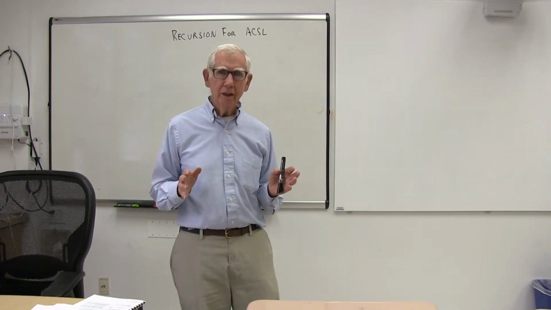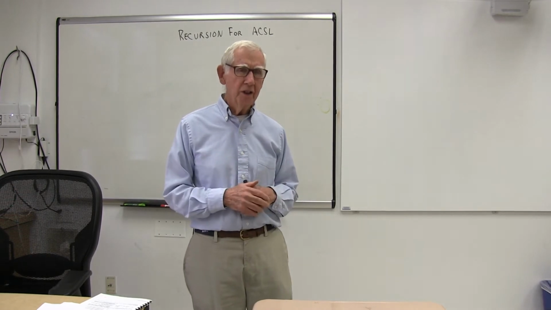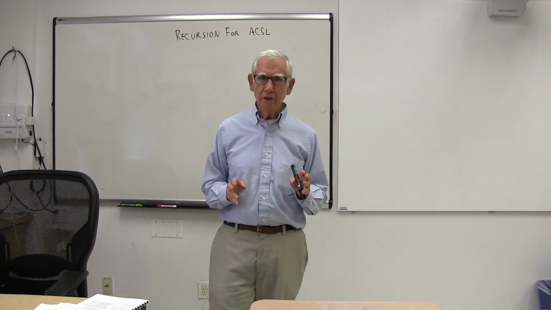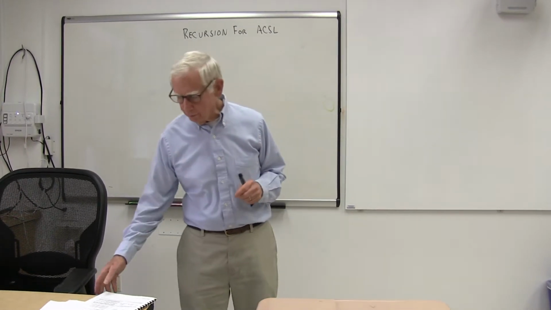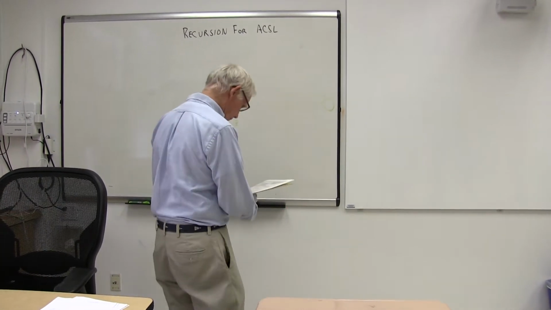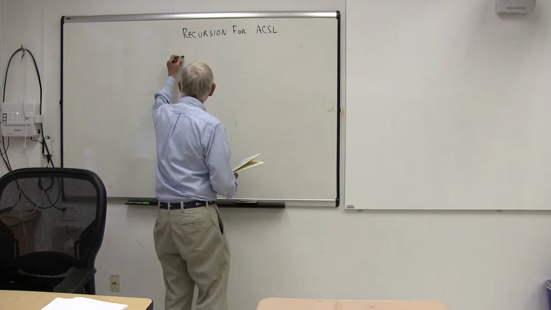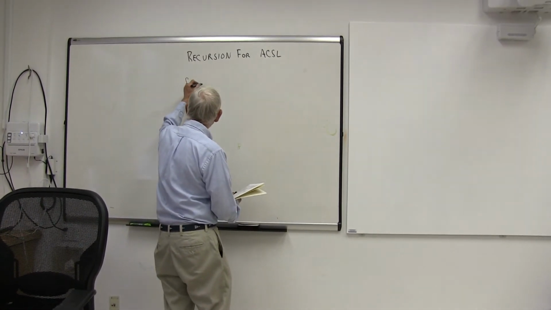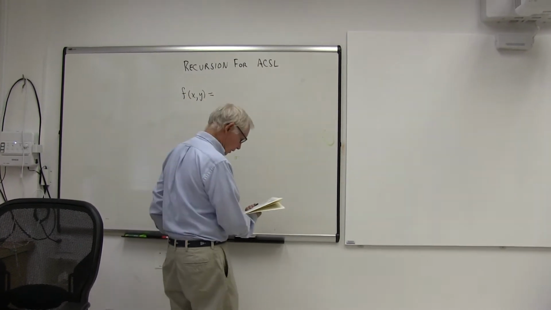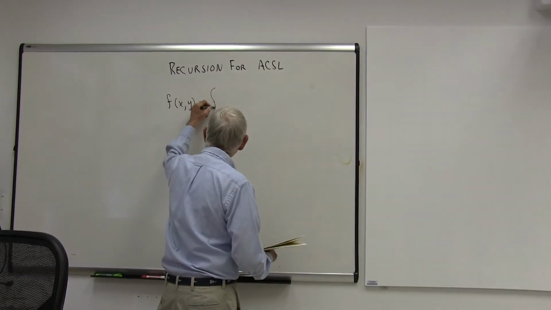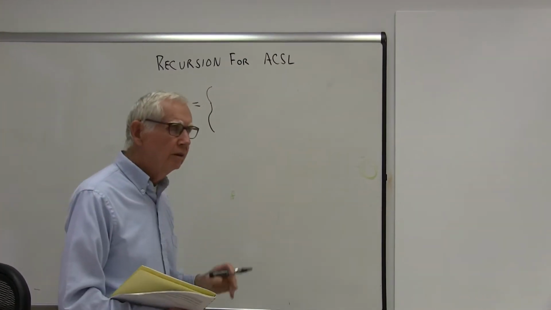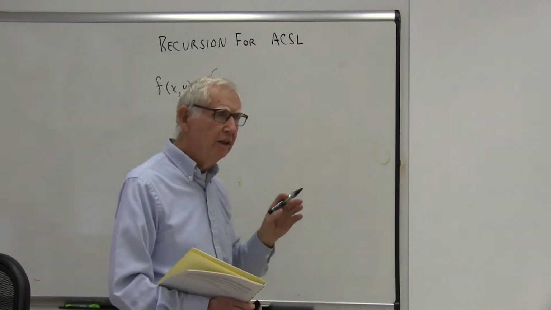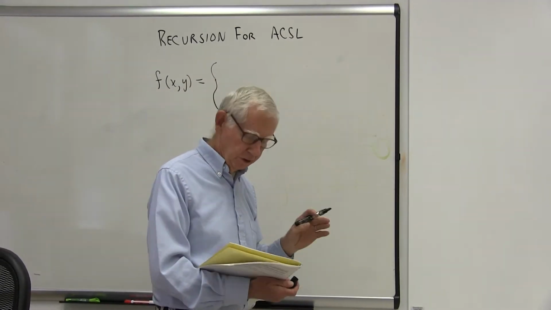The best way to explain this from the ACSL point of view is to look at a particular problem that they give you. So I'm going to write one on the board, okay, and here's the problem that they give. So this is a typical function equals. Now, usually when you have recursion, there are two or more ways that you can get the next answer.